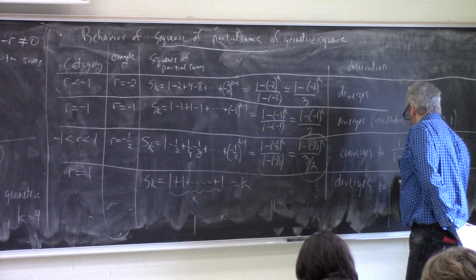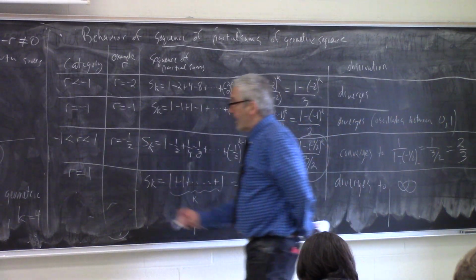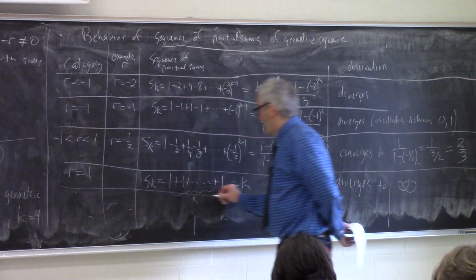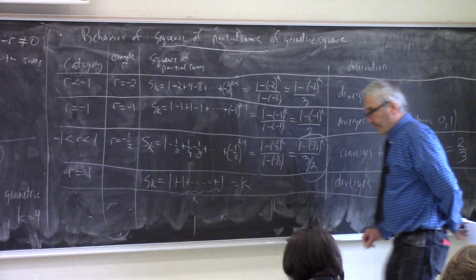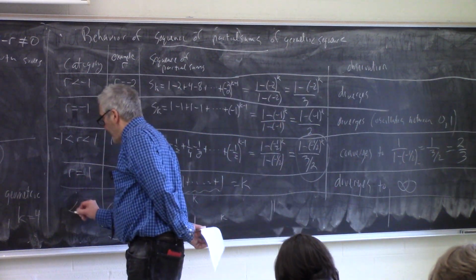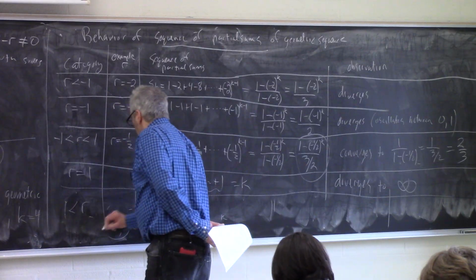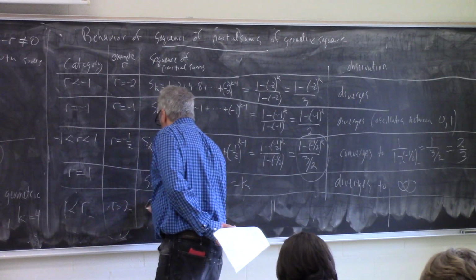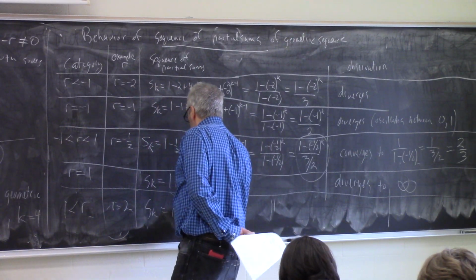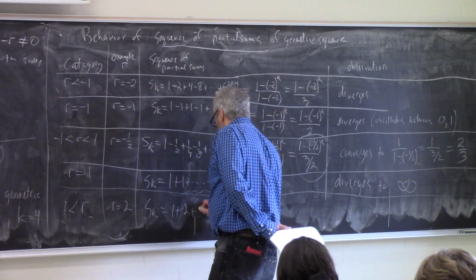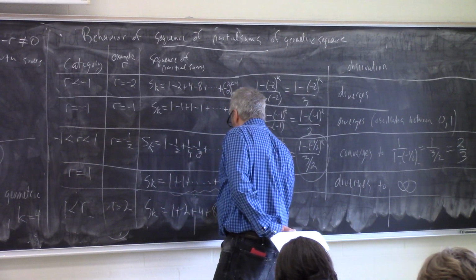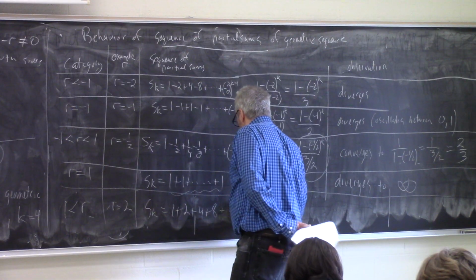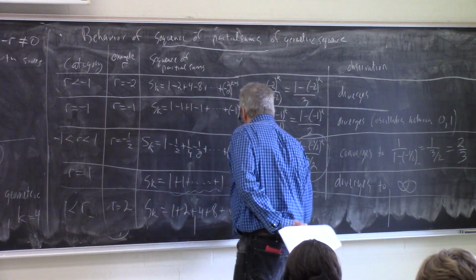Another category, the final category, was r greater than 1. So an example was r equals 2. So s_k would be 1 plus 2 plus 4 plus 8, all the way up to 2 to the k minus 1.